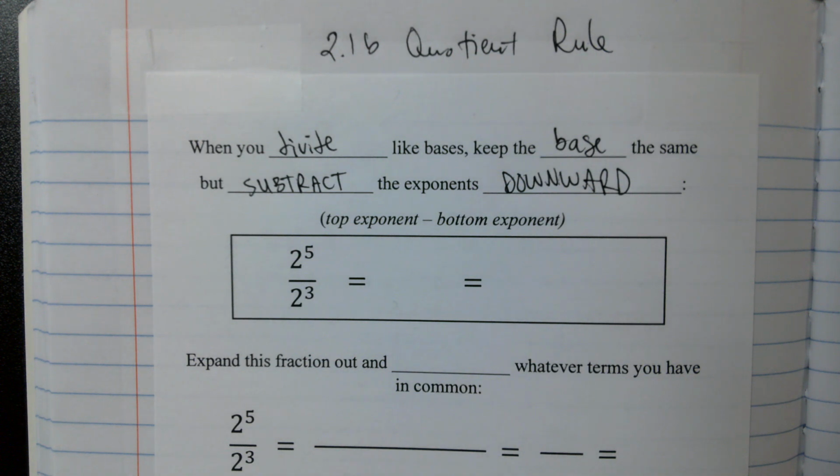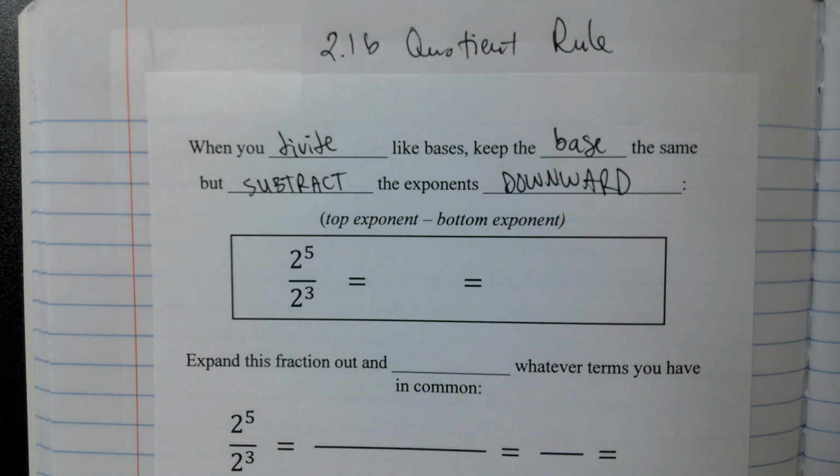So if we have 2 to the 5th over 2 to the 3rd, you're going to subtract the exponents downward. And what that means is that you take the top exponent minus the bottom exponent.